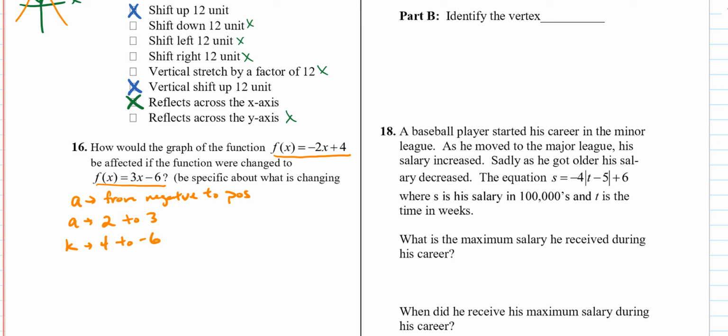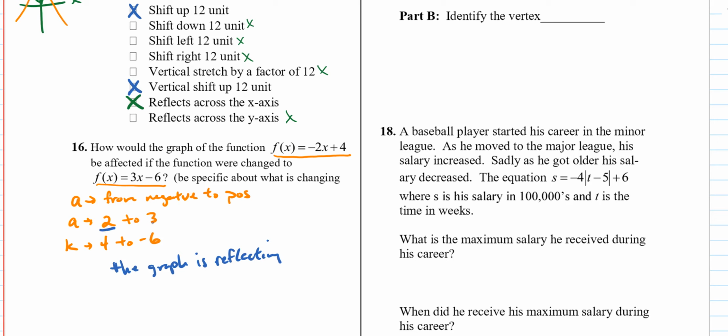So each of those things separately. If we go from negative to positive, the graph is reflecting. I'm not going to say where it's reflecting. We don't need to worry about that yet. It's just we know it's reflecting because it changed from negative to positive just like the previous one.